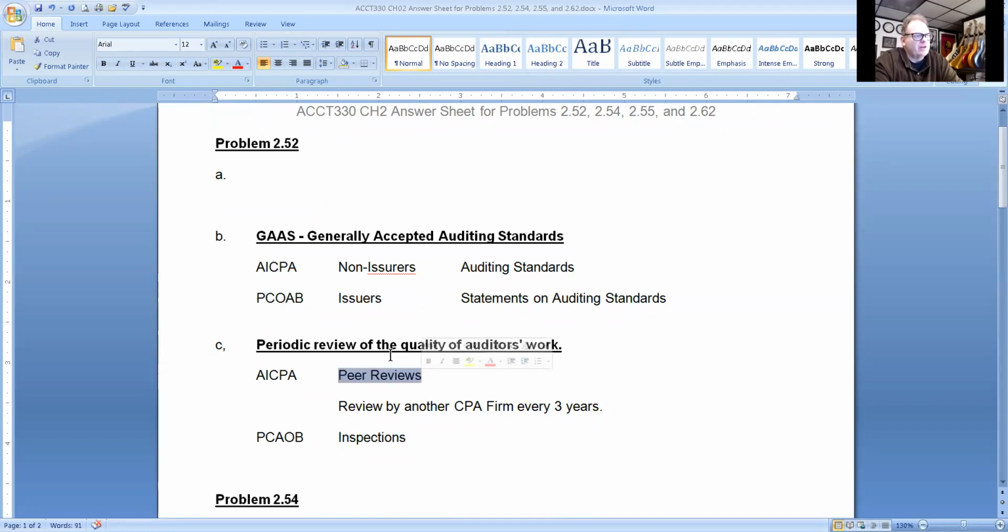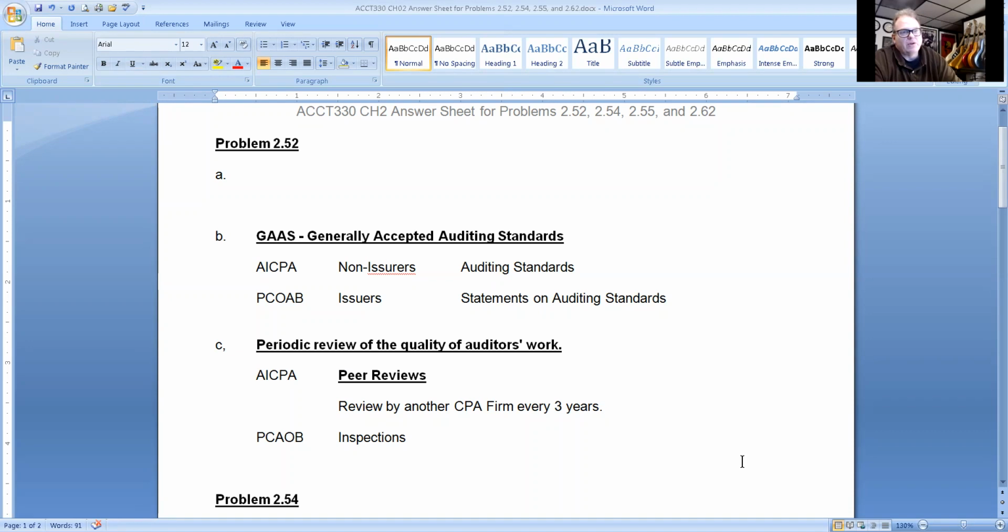So if you're an audit firm, you'll get a review by another CPA firm every 3 years. So another CPA firm will actually come in and they're going to look at your work and see if your work is up to the standards. So it's another CPA firm coming in to review the work of a CPA firm. So it's one CPA firm auditing another CPA firm. And that is done every 3 years.